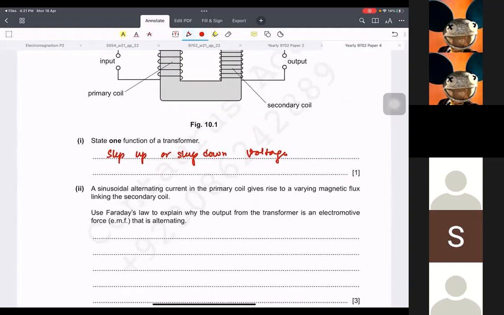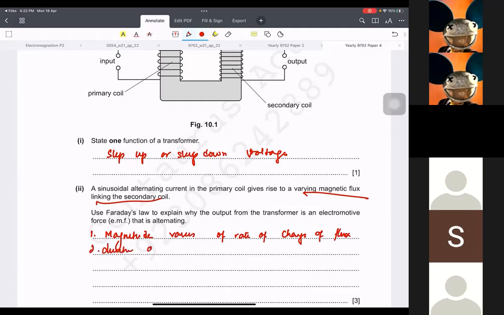Now, sinusoidal alternating current in primary coil gives rise to magnetic flux linking this. Use Faraday to explain why output from transformer EMF is alternating. Oh, okay. Number one, magnitude varies, right? Of what? That's important. Of rate of change of flux. Then what happens?